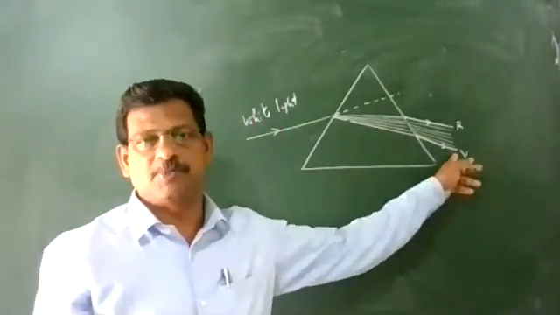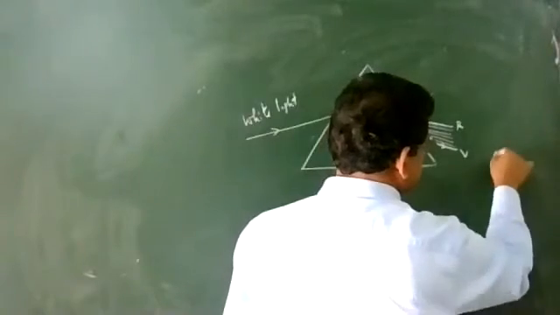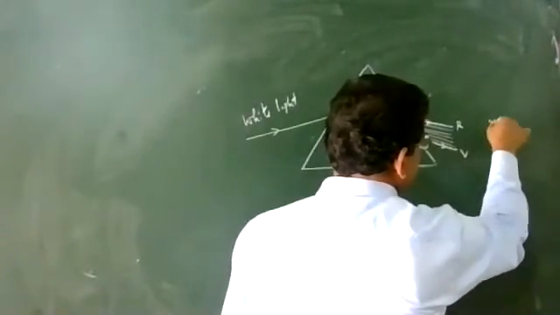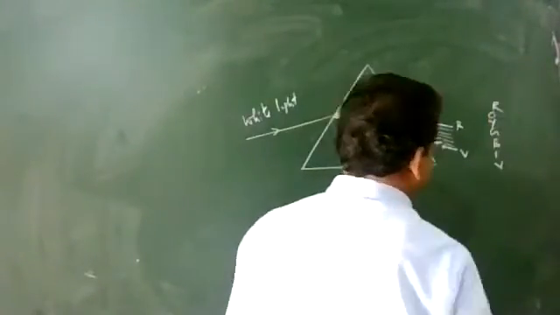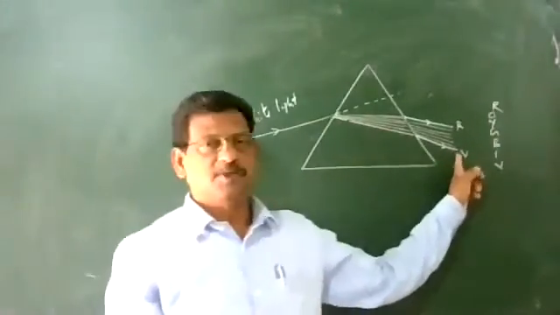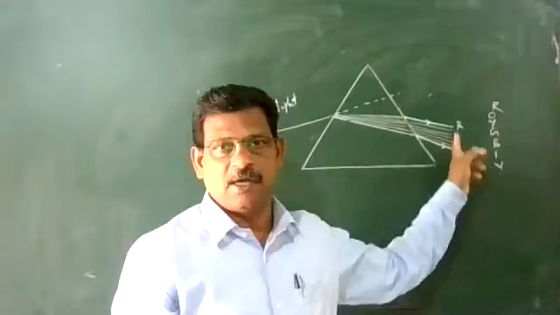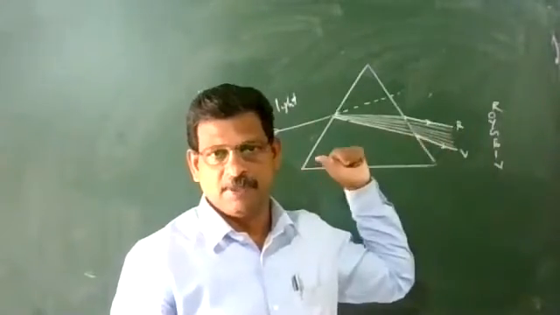This is called the visible spectrum. The bottom is violet color and the top one is red color.